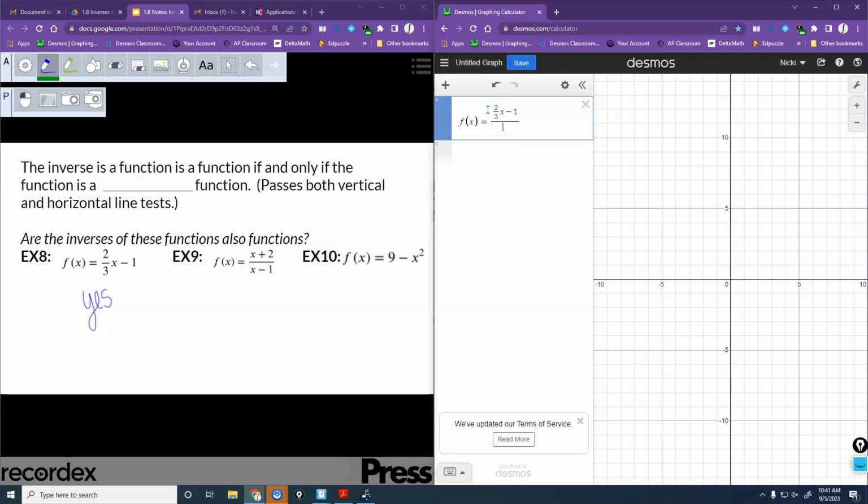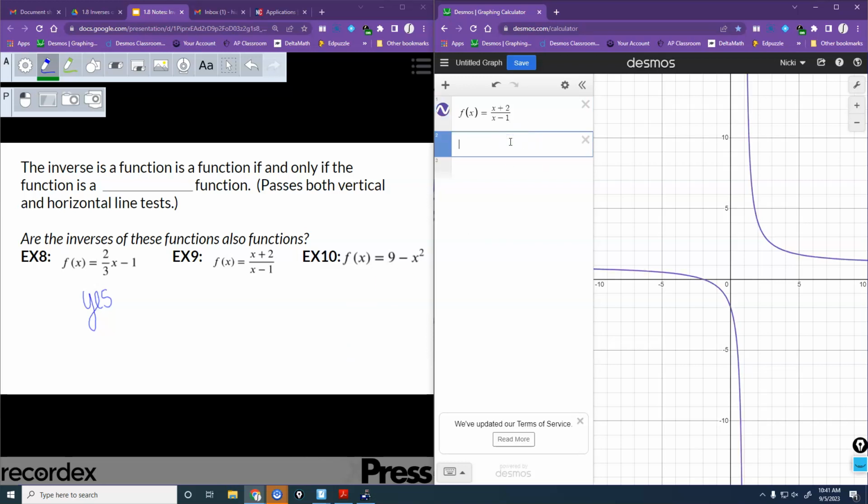Okay, let's look at the second one. x plus 2 over x minus 1. Is that a one-to-one function? It's a little harder to tell. Let's do the vertical line test first.